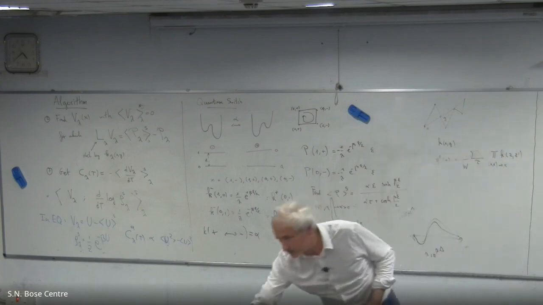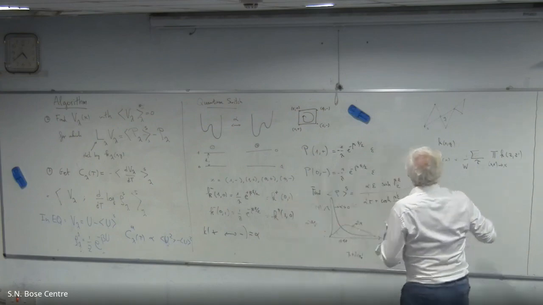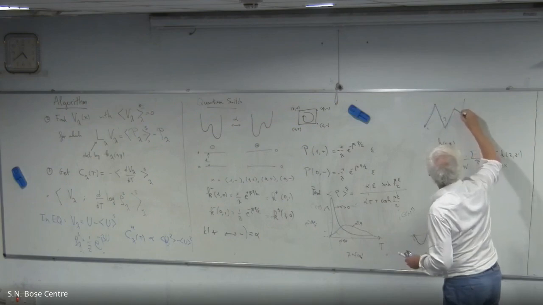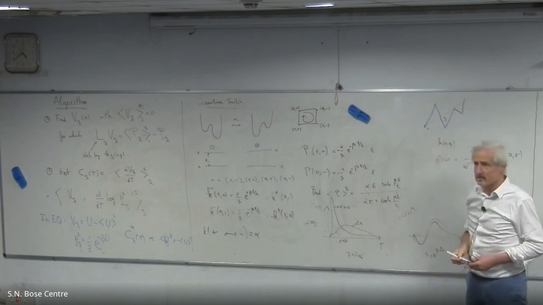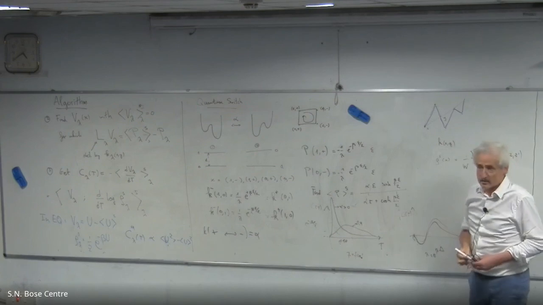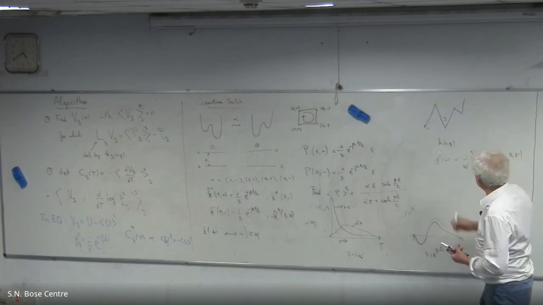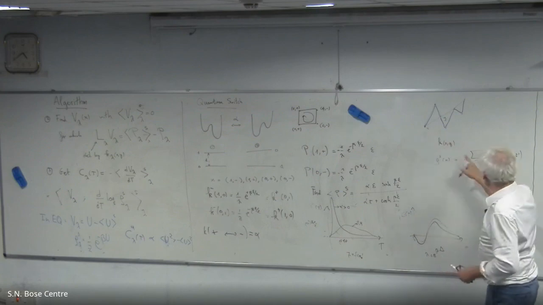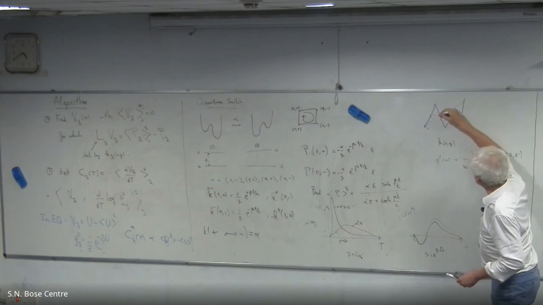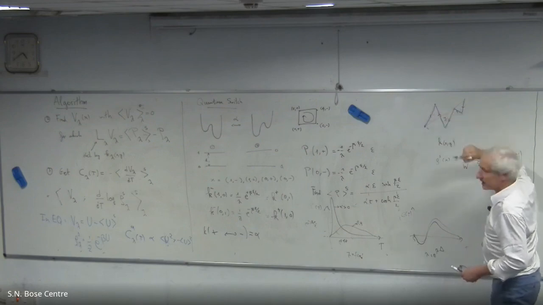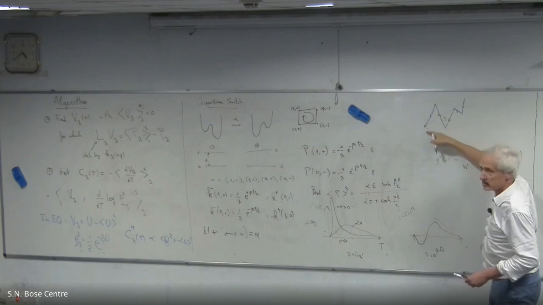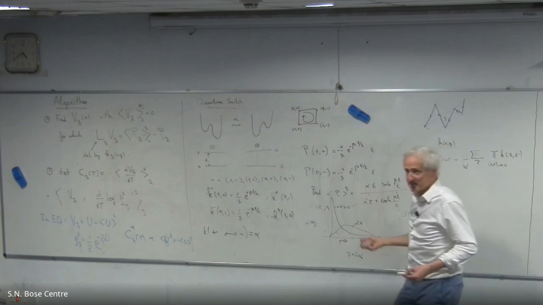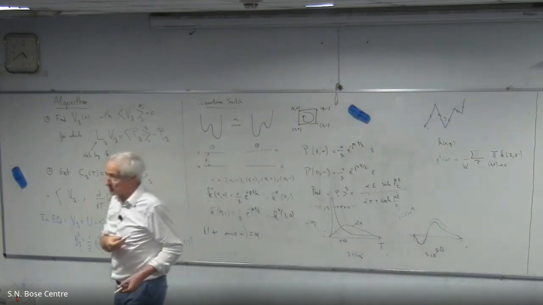For example, for this graph, a spanning tree could be like this. You see, I visited every vertex, but I made no loop. There are of course many spanning trees. Now, if I want to know the probability of X, I sum over all the spanning trees, but they must be directed towards X. So I direct them towards X, and I take just the product of the rates. That's the formula of Kirchhoff. So if you wish, I know the stationary distribution as a graphical representation, except that this is useless.